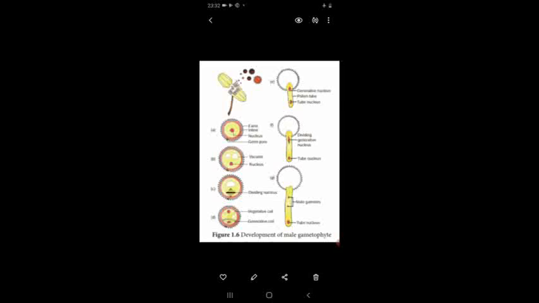Once the pollen tube is produced, the generative cell undergoes mitotic cell division to produce two male gametes. So this pollen grain with the two male gametes, the male gametophyte, reaches the embryo sac of an ovule. After that, these male gametes fuse with the egg and the polar nuclei in the fertilization process.